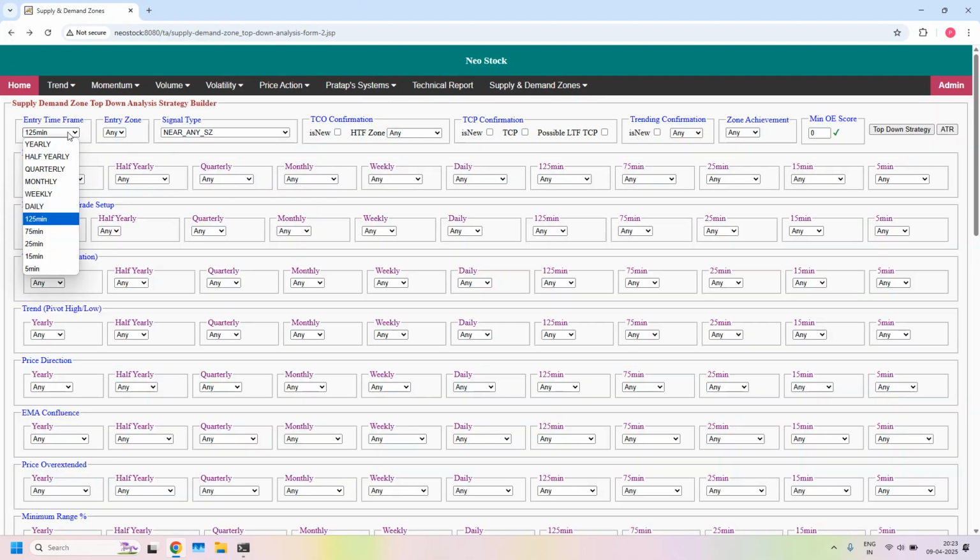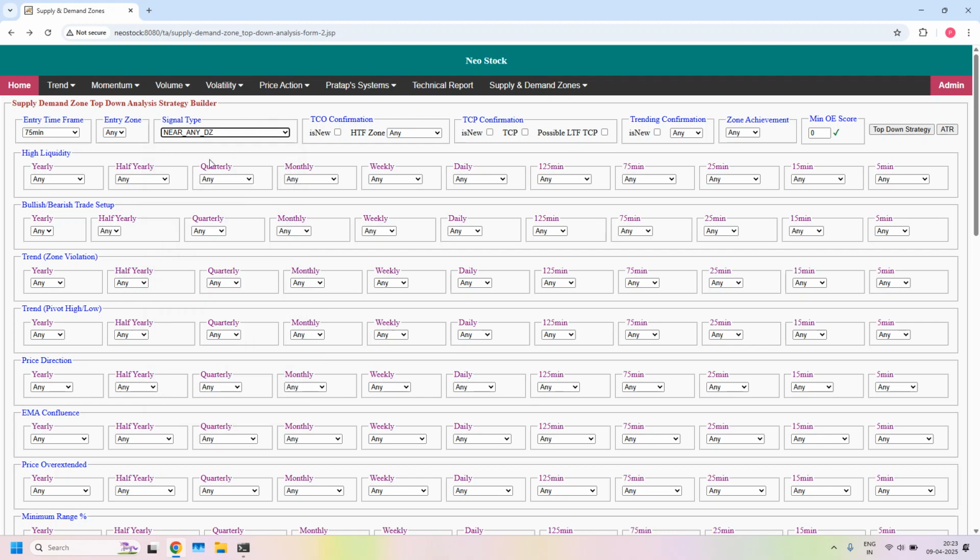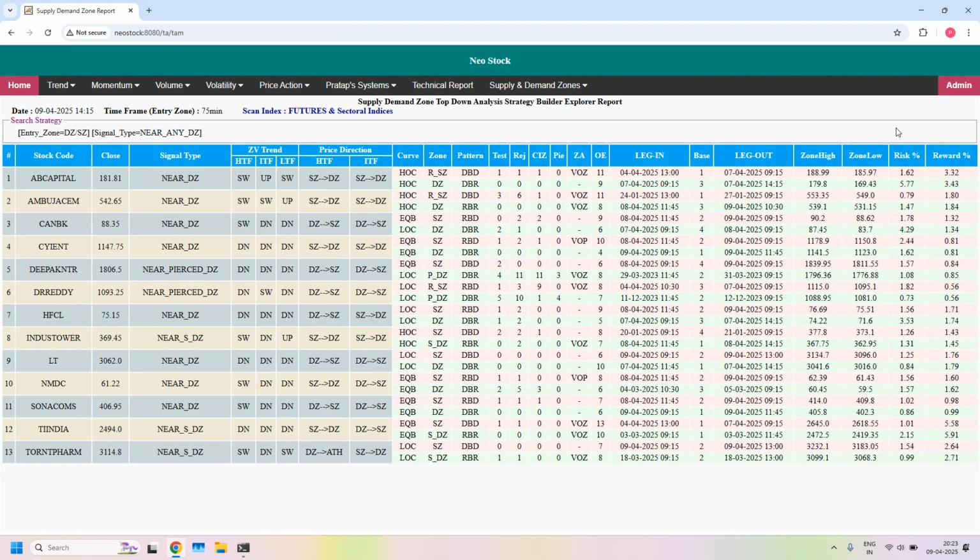Next time frame is 75 minutes. Entry time frame 75 minutes. Let us find the stocks near to the 75 minutes demand zone. We got 13 stocks. Let us identify 75 minutes demand zones from this list.